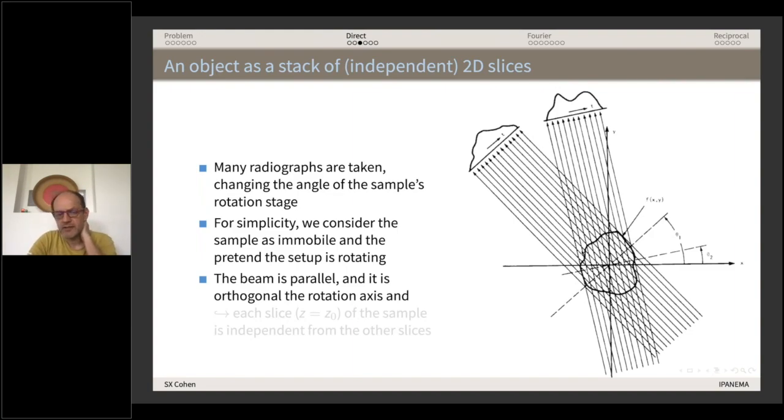That's interesting in terms of simplicity to understand the problem. It also means I can process each of the problems independently. So instead of being forced to reconstruct the full volume at once, I can reconstruct each slice one by one, or even distribute each slice on a different computer. The computers don't need to talk to each other during the reconstruction.